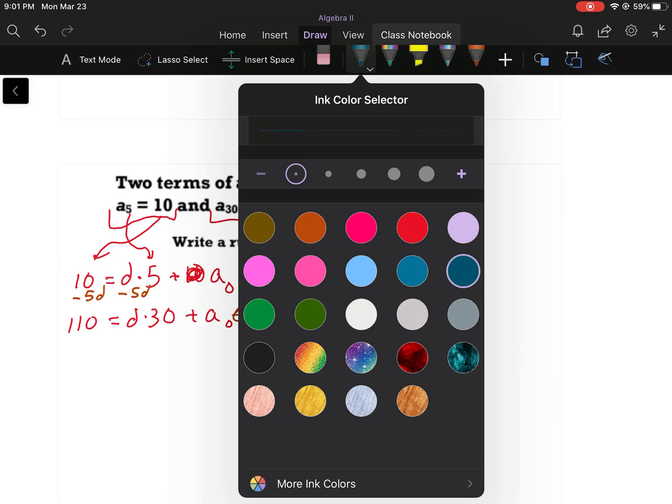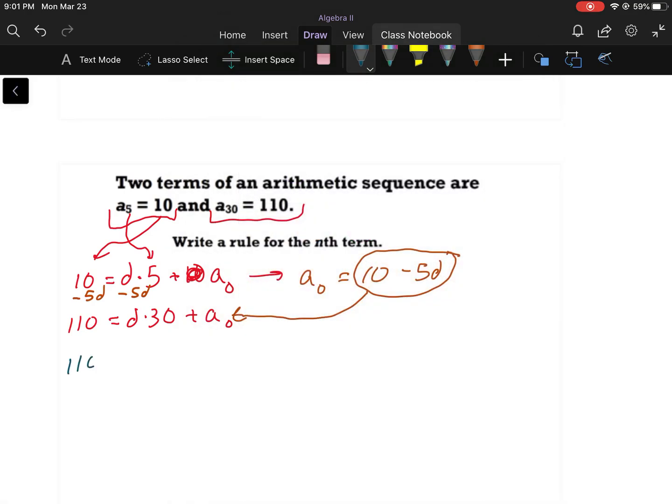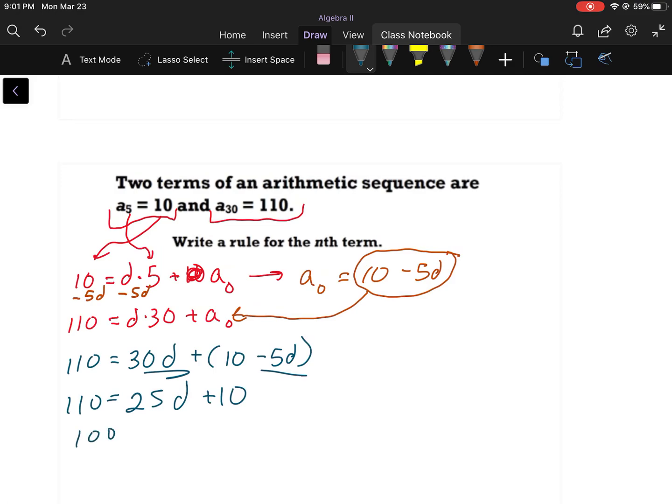And I've got something like 110 equals 30d plus 10 minus 5d. Combine those two like terms, so 25d plus 10 equals 110, subtract 10, 100 equals 25d.